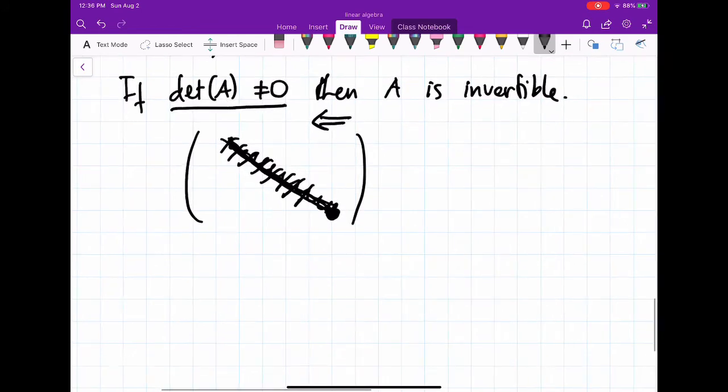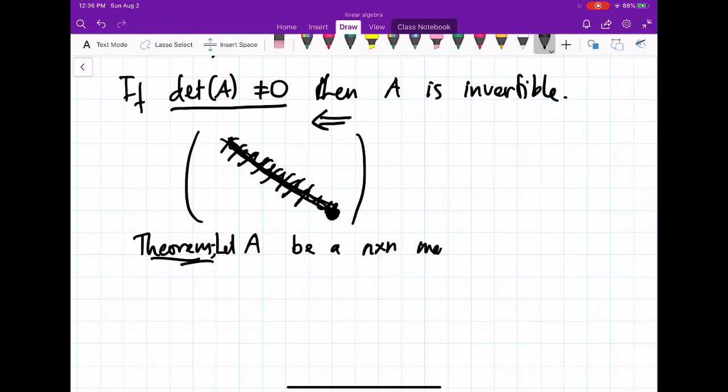Okay, so let A be a matrix of n by n, right? An n by n matrix. Okay, then the following statements are equivalent.